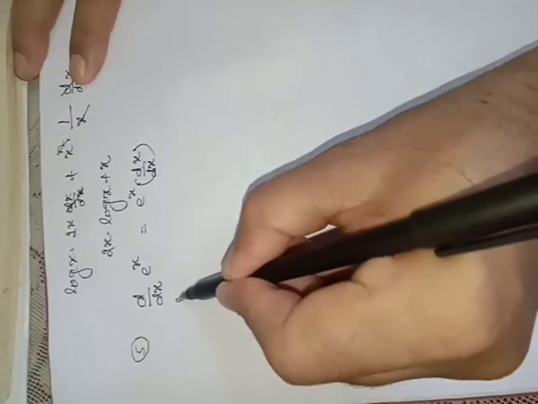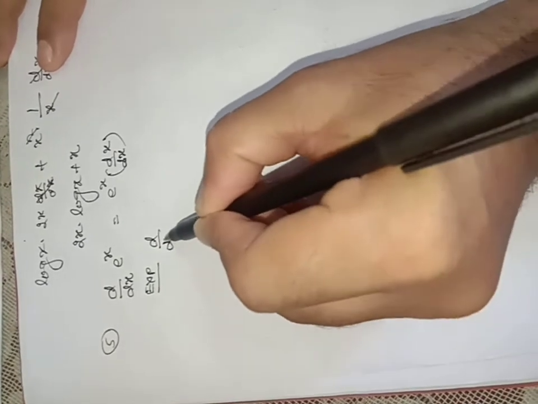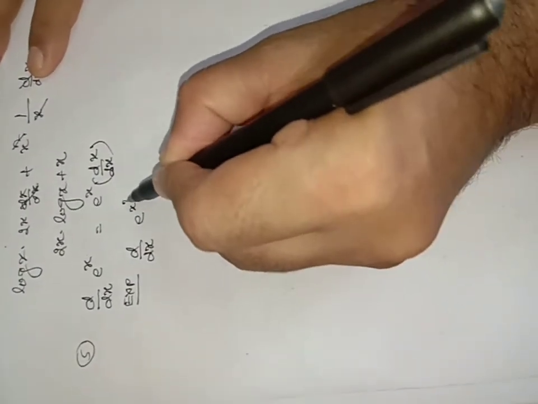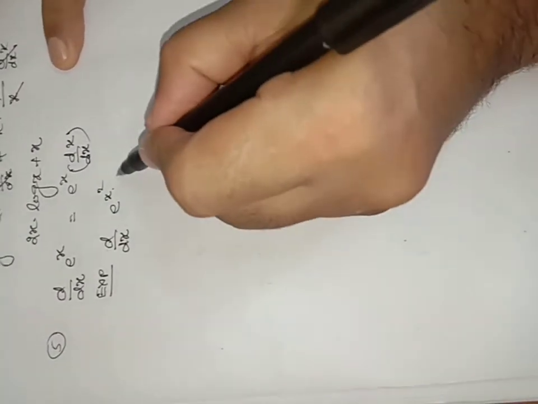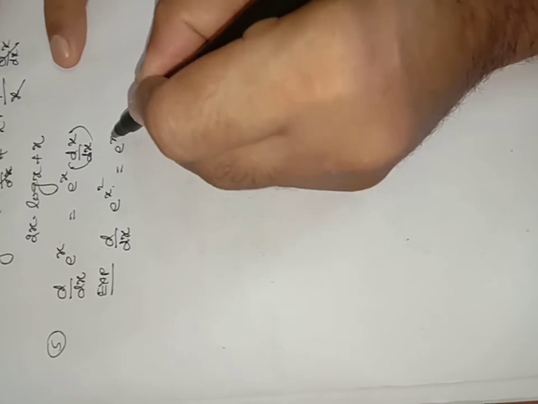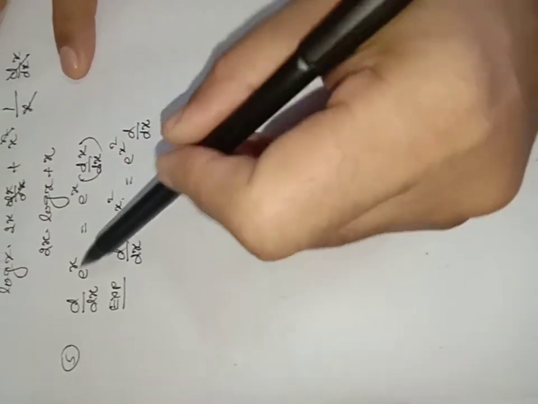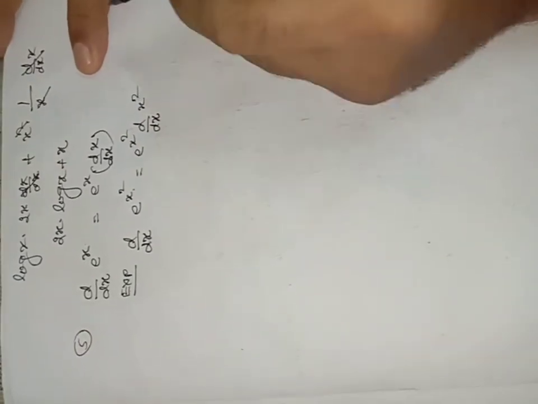Let us see an example. Suppose here is written d by dx of e to the power x square. Instead of x, now x square is written. So it becomes e to the power x square into d by dx of x, and what is x here? Instead of x, now x square is written. So d by dx of x square.